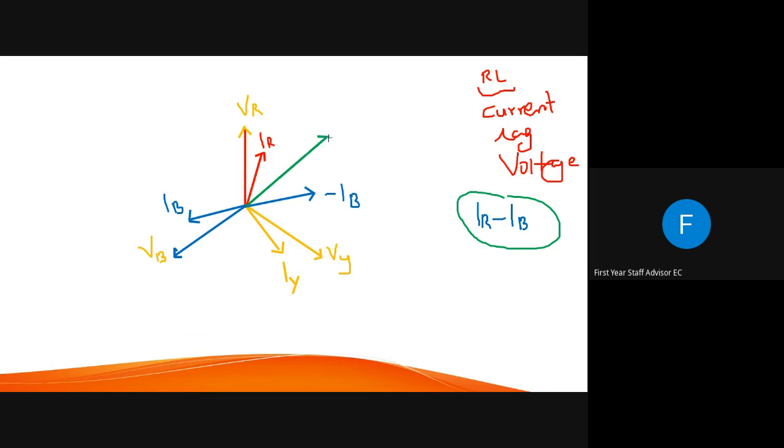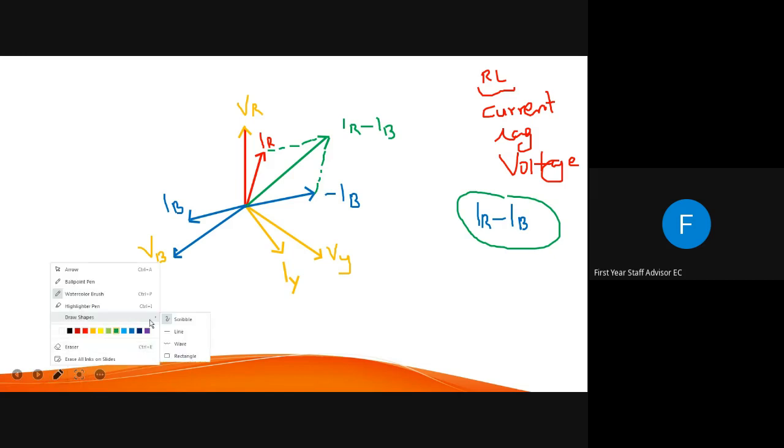So this is the resultant vector where I can write IR minus IB. And I am just connecting this together and it forms a parallelogram. Then the same procedure. What is the next procedure?